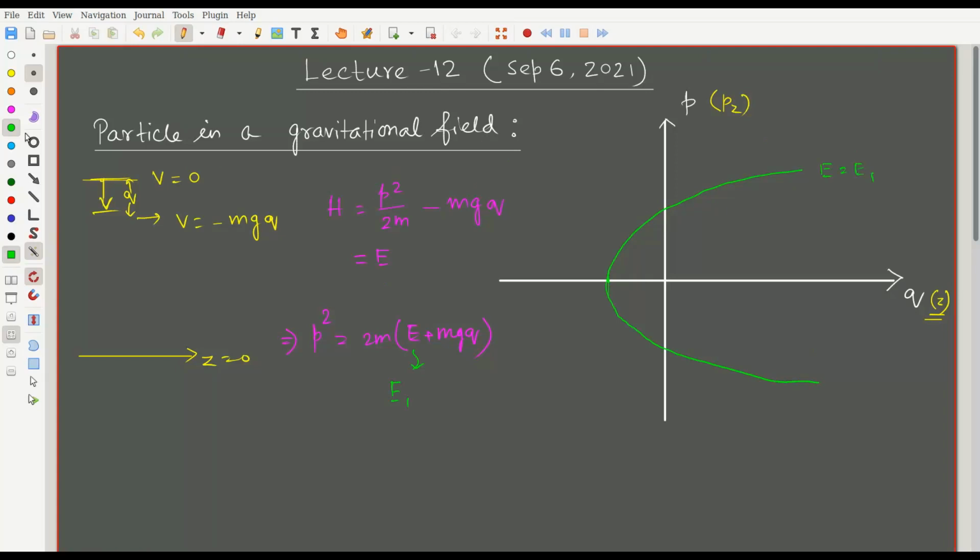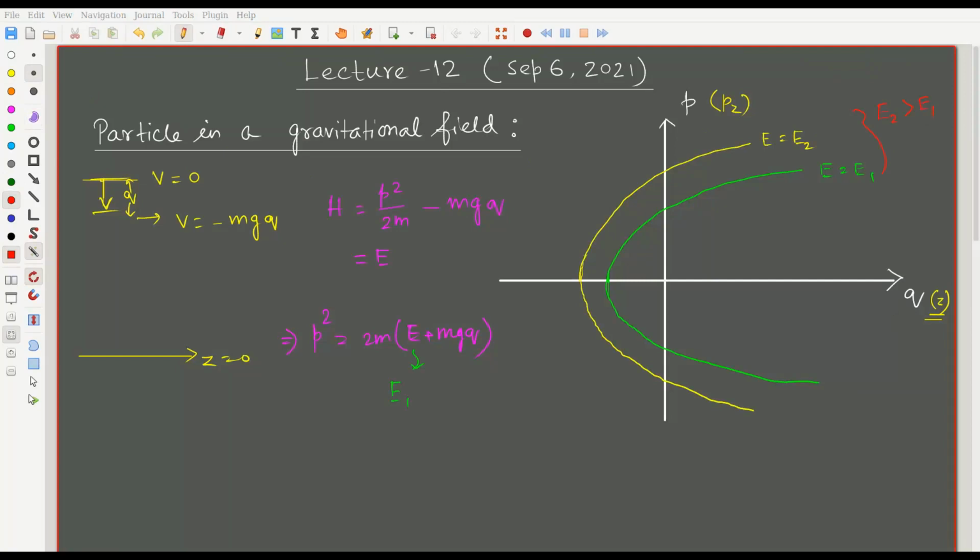And suppose there is another one with E equals E2. That would be another parabola. If E2 is bigger, then it would be shifted towards the left, like this. So this is E equals E2. The way I have drawn it, it has been implicitly assumed that E2 is greater than E1. You can draw this.